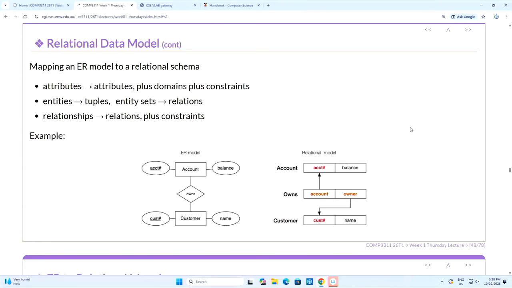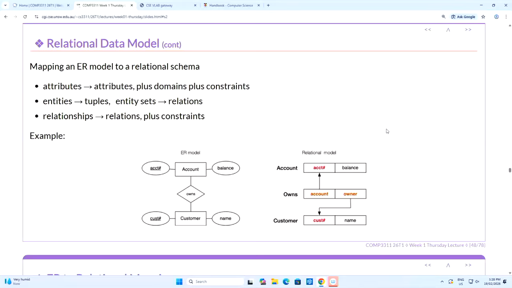Another thing you may notice in a relational model is that it has a bunch of arrows. These arrows indicate foreign keys. There are two types of keys in a relational database that are super important. The first is called a primary key.